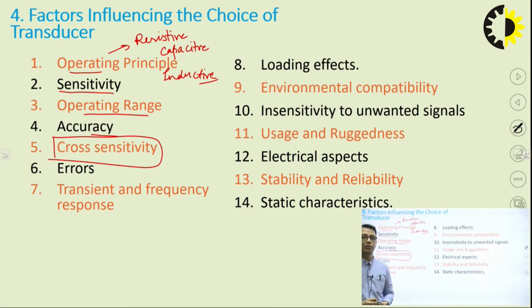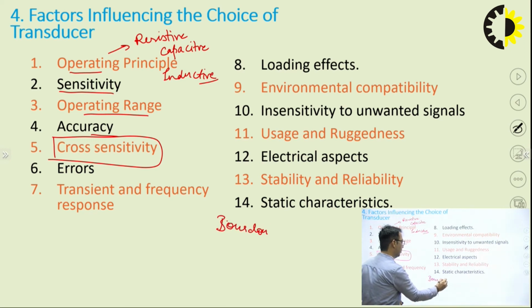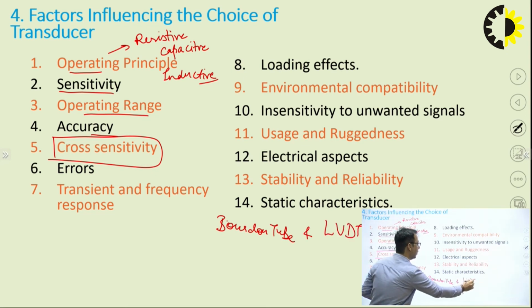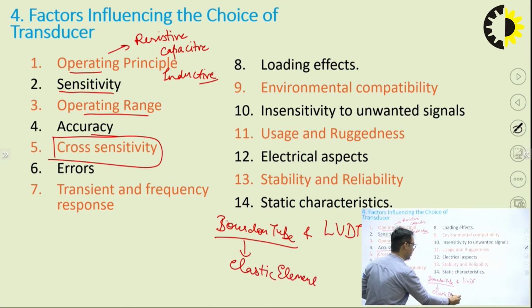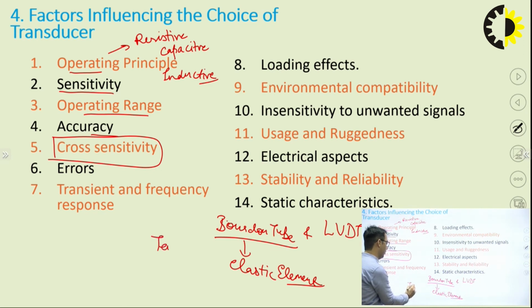For example, we are measuring pressure by using a Bourdon tube and LVDT. Now, a Bourdon tube is an elastic element, which can change its shape due to temperature rise as well.